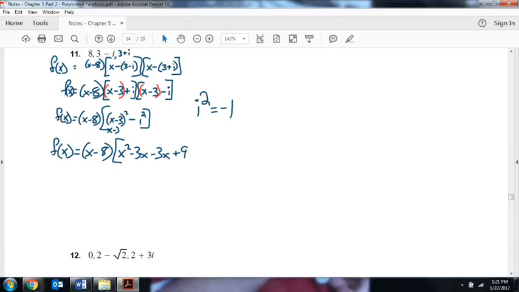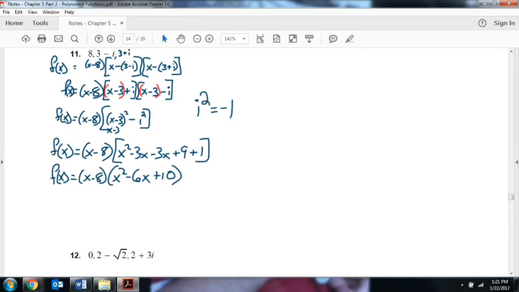All right, that is a rule you're going to have to memorize at this point. i squared equals negative 1. So if I have a negative times negative 1, I now have a positive 1. So my i went away. So let's clean it up and multiply everything else. So I've got f of x equals x minus 8 times x squared minus 6x plus 10.